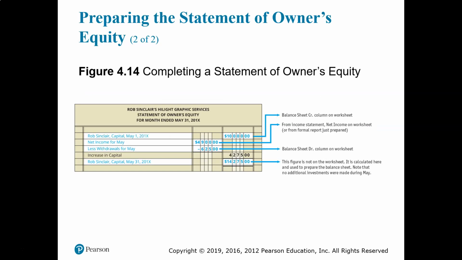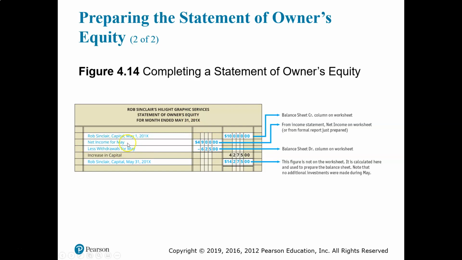So here's our statement of owner's equity. Again, we have the company name, the name of the statement, and then for the period ended, in this case for the month ended May 31st. We have our beginning capital, which comes from the balance sheet column. We have a dollar sign at the top of each column, right?